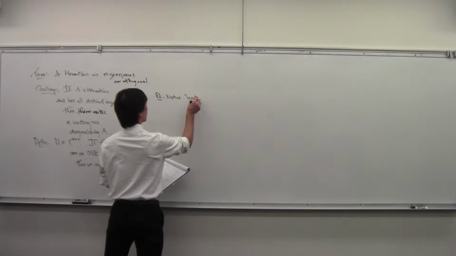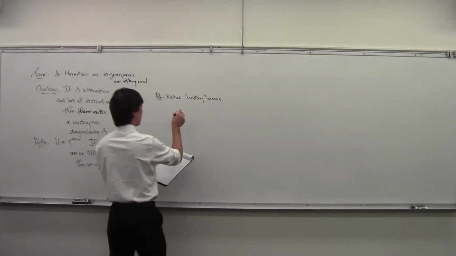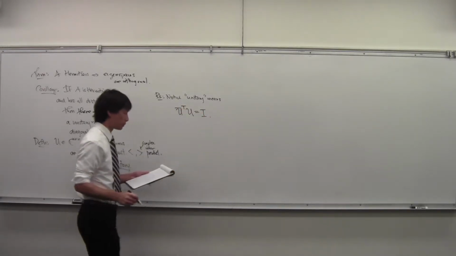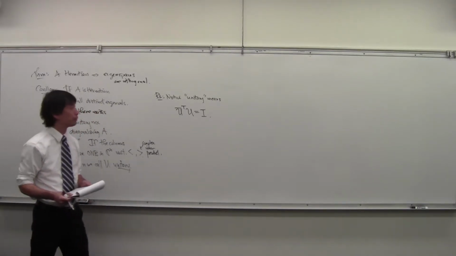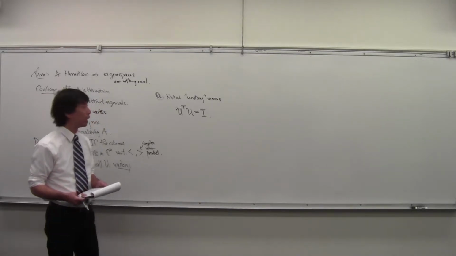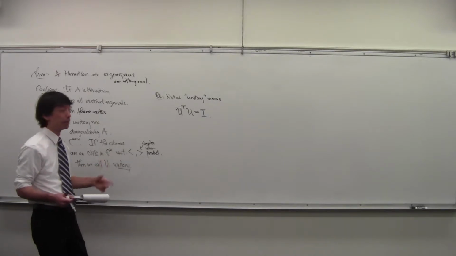Okay, so just notice that unitary means that U conjugate transpose U is the identity. That's exactly what this means, right?